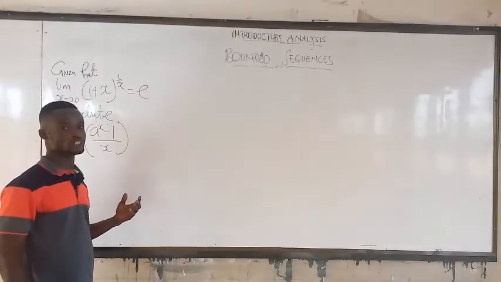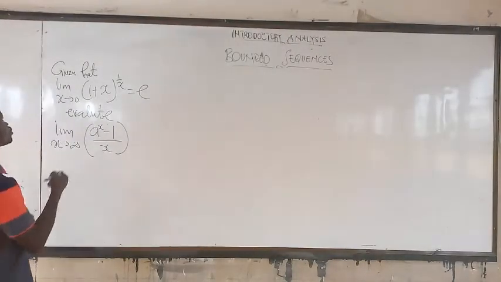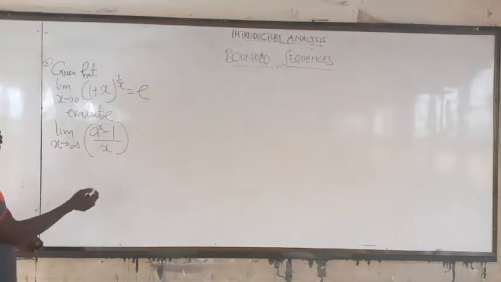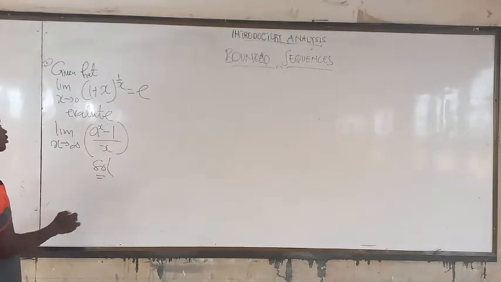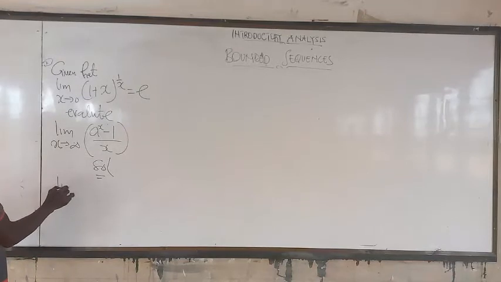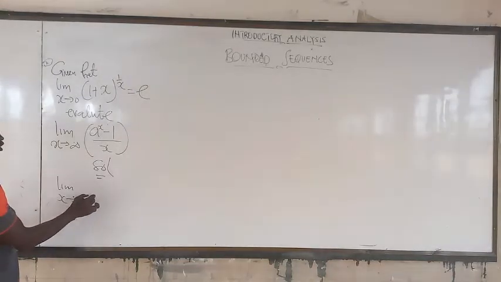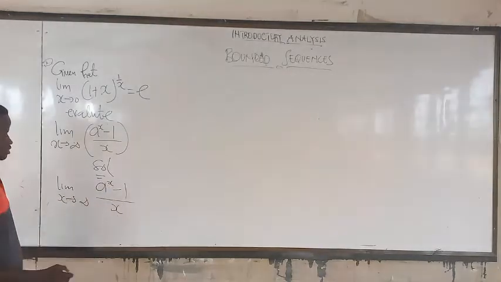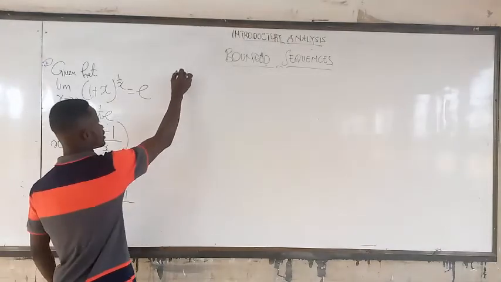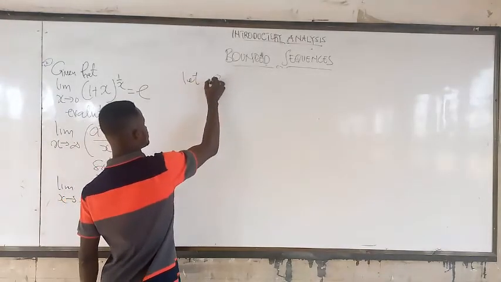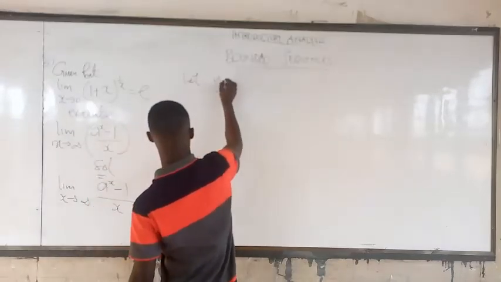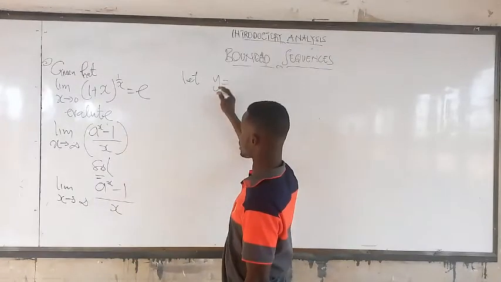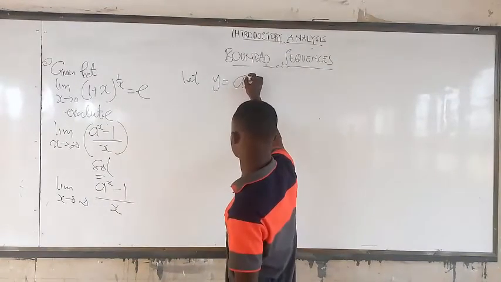Now, if you understand the first one, you should be able to solve this question easily. So here we have the limit as x approaches infinity of (a raised to power x minus 1) over x. So what we do is we let y be equal to a raised to power x minus 1.